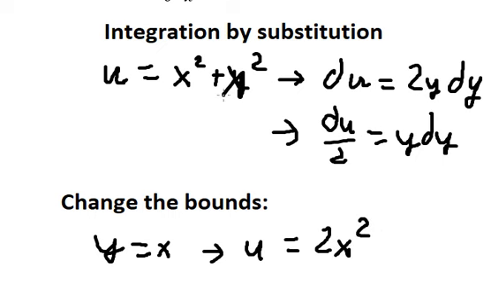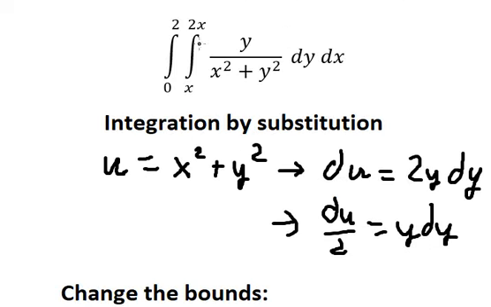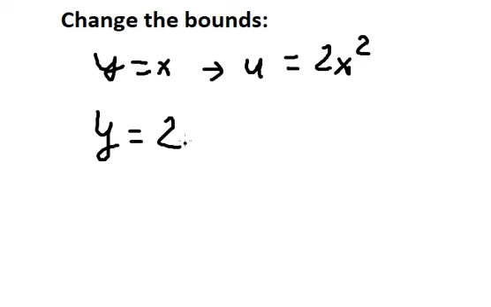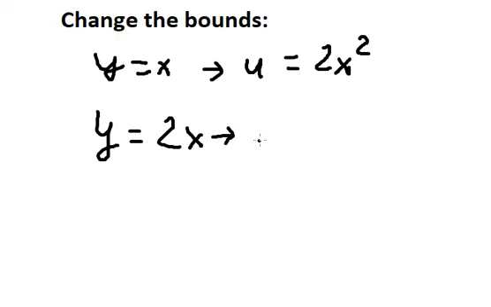Because this is s, s squared plus s squared, we have 2s squared. When y equals 2s, I will put 2s in here, and we have u equals 5s squared.